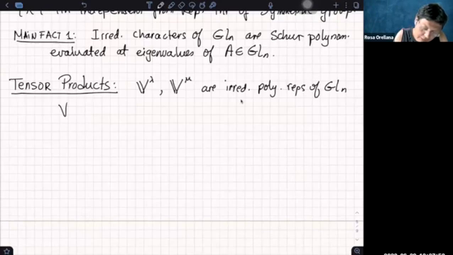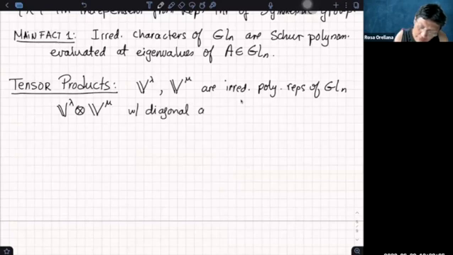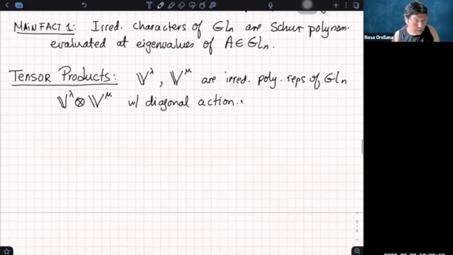One can define another representation, V lambda tensor V mu with diagonal action. It simply means that an element in GLN acts diagonally, as we saw, on each of them. And this is a representation.